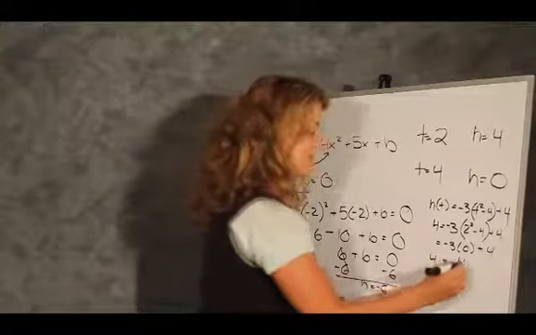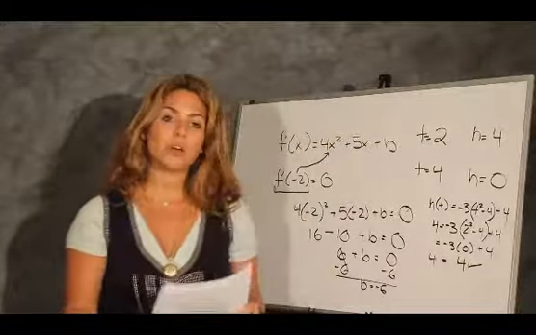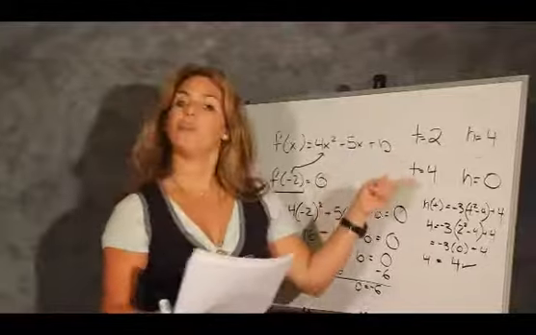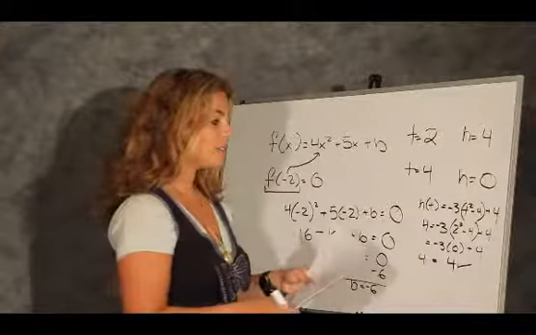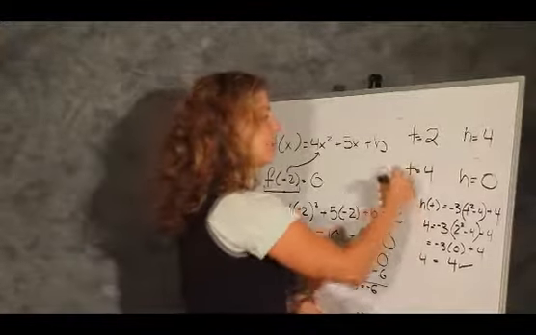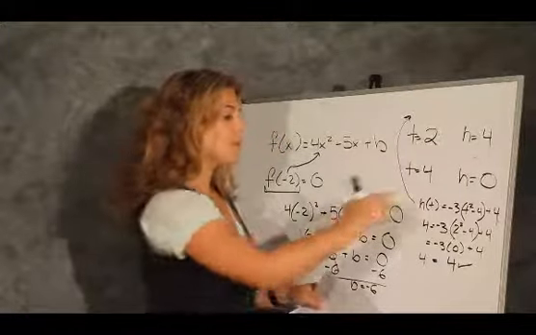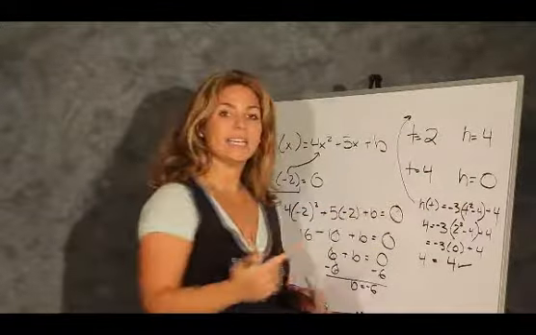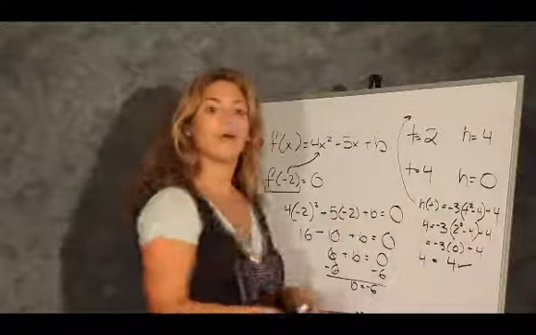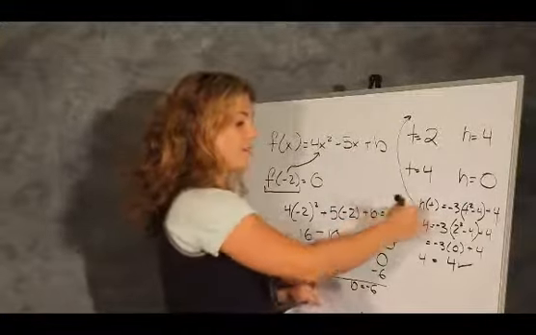That works out nicely. If you want to double check with the other point, we put 4 in for t, and 0 for the entire equation.